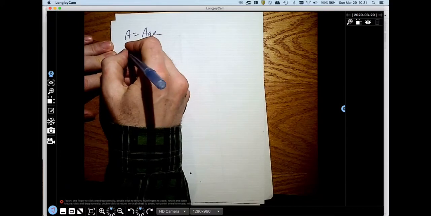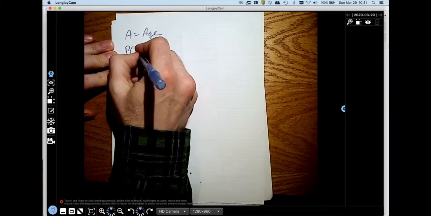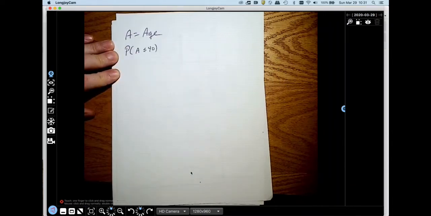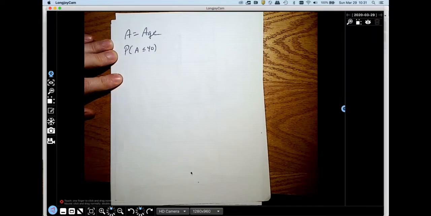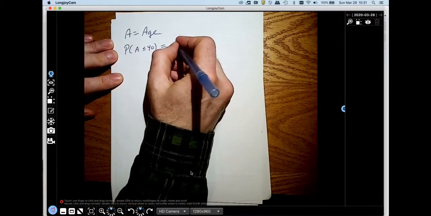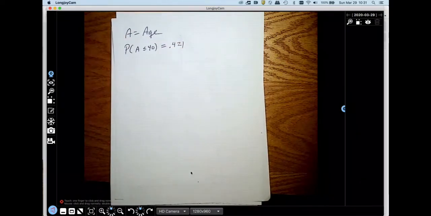The way you would probably write this back when you were using your normal tables is, what's the probability that A is less than or equal to 40? And what we saw from our frequency distribution was the answer was 0.421. That's just the notation that we're going to be using.